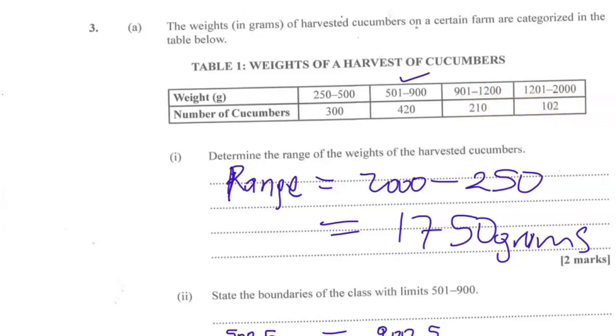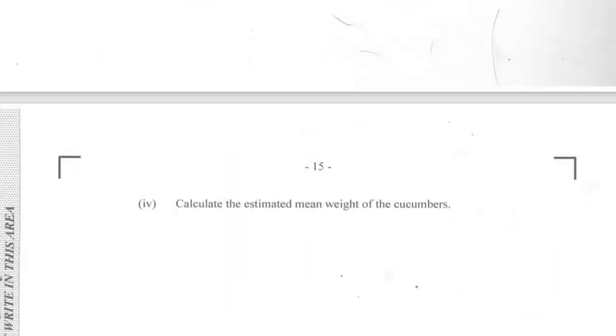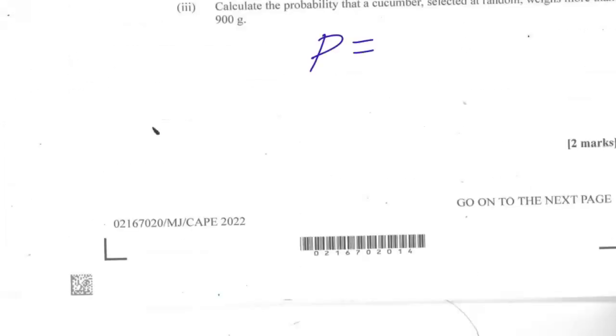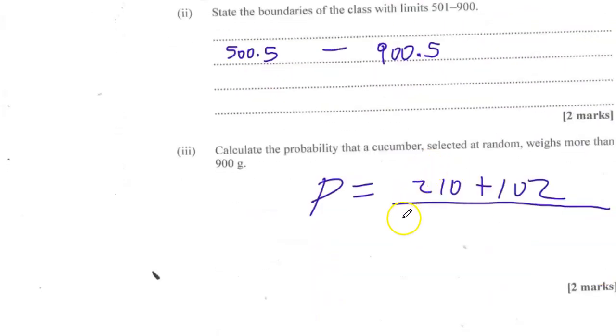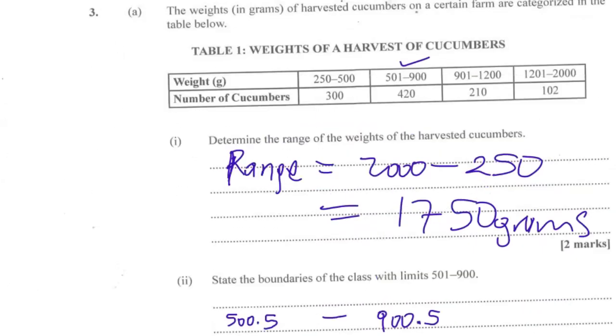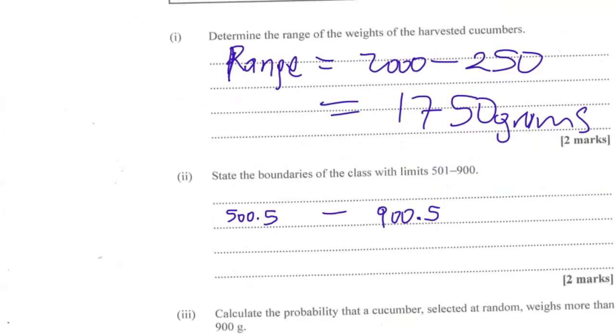So the probability is 210 plus 102 over the total frequency, the total number of cucumbers. The total would include the 300 and the 420. That's 720.